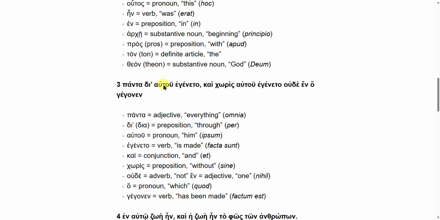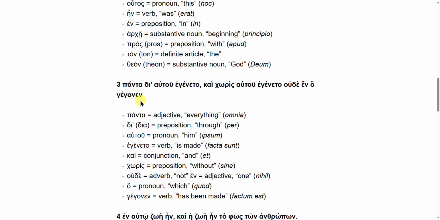Everything through him was made or is made, and without him is made not one thing which has been made. Panta diautu egeneto, kai choris autu egeneto, ude hen ho gegonen.